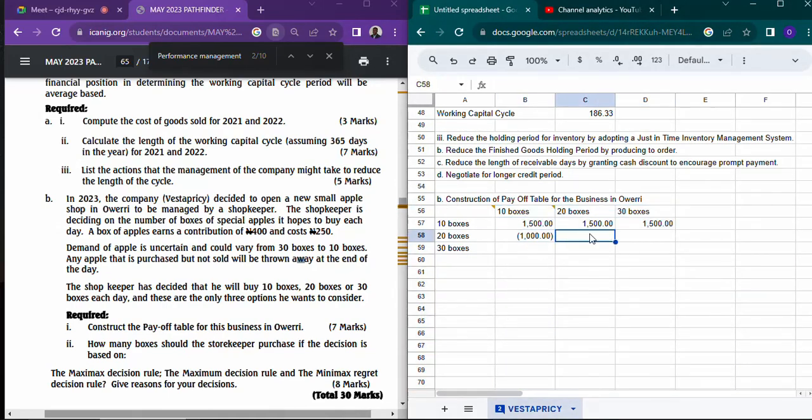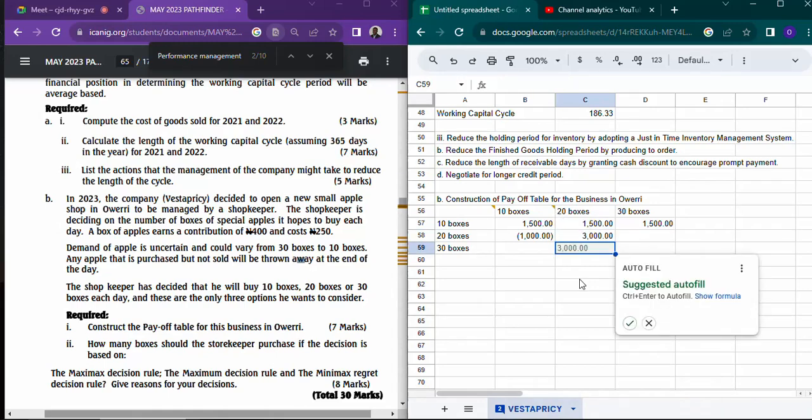Yes. So now he's purchasing how many boxes? He's purchasing 20, and he's selling what? 20. So 400 times 20 minus 250 times 20.